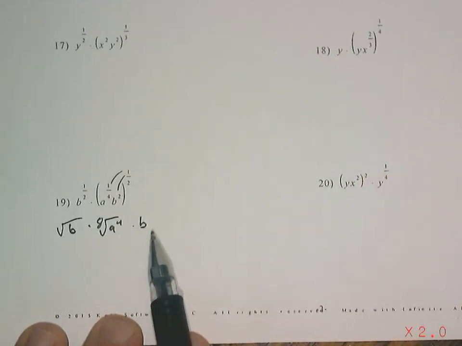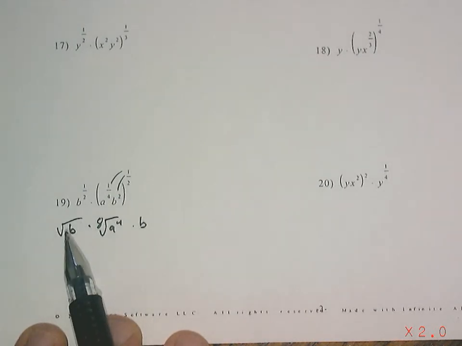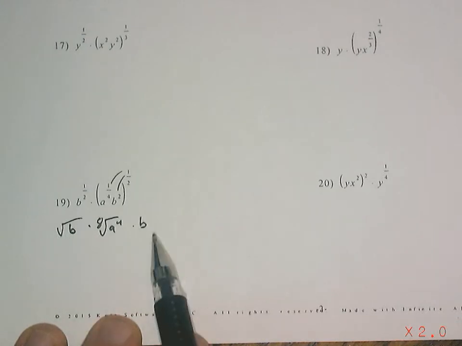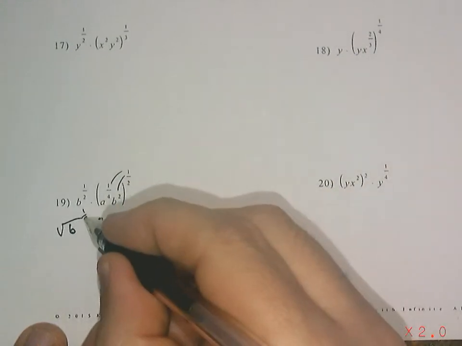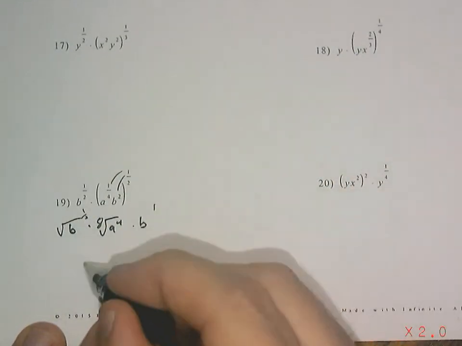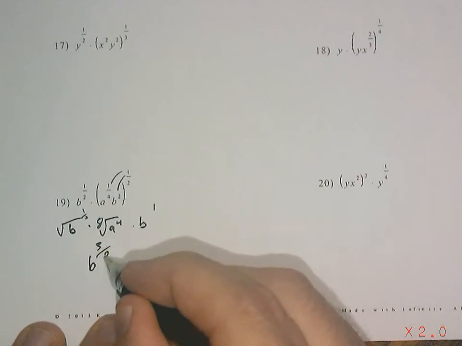So then to combine b and a here, it'd be like a 1 and a 1/2, so that'd be b to the 3/2.